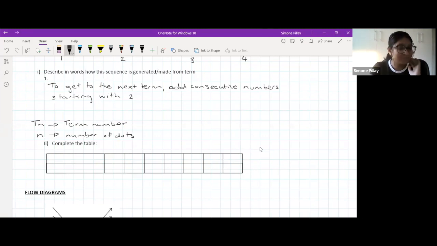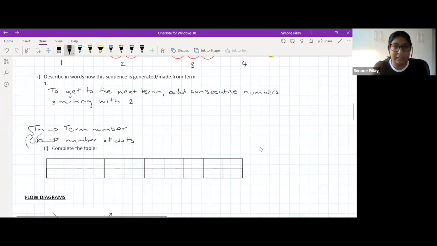Teacher Yulinda, just confirm with me that I have the correct TNs and Ns over here, that I didn't swap it around, please. Okay, no problem. We are completing the table now. I'm talking about where the TN and N are going to go inside my table.